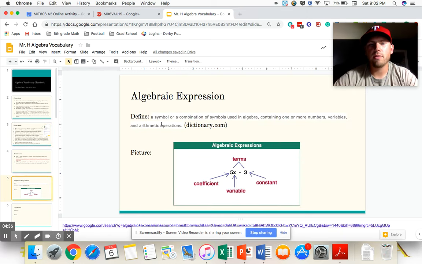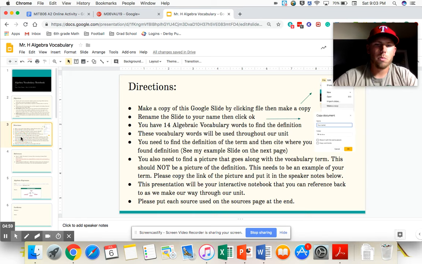So the definition of this is a symbol or a combination of symbols used in algebra containing one or more numbers, variables, and arithmetic operations. So this 5x minus 3 would be considered the algebraic expression. This is what I'm looking for, a picture of an algebraic expression, so they have an example of what they need to be doing.